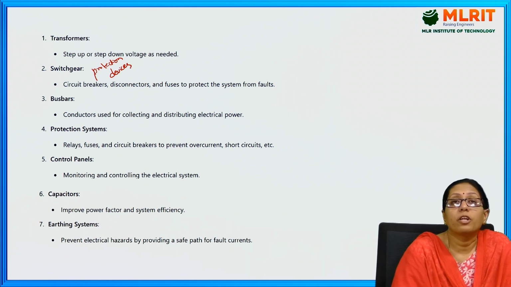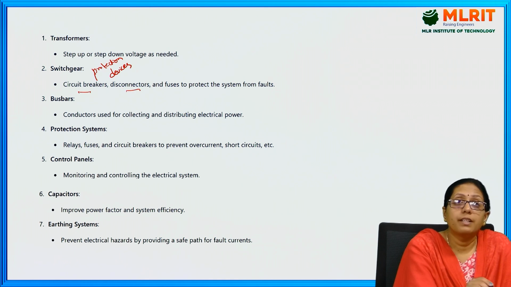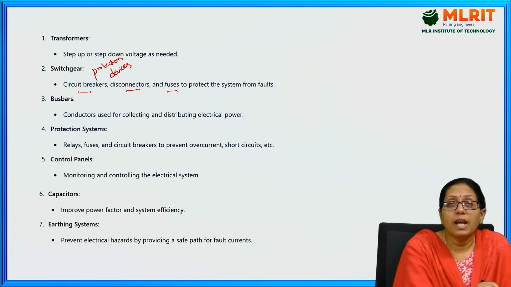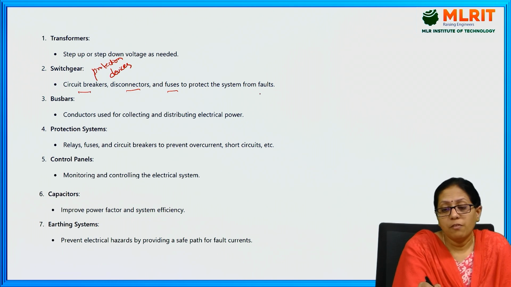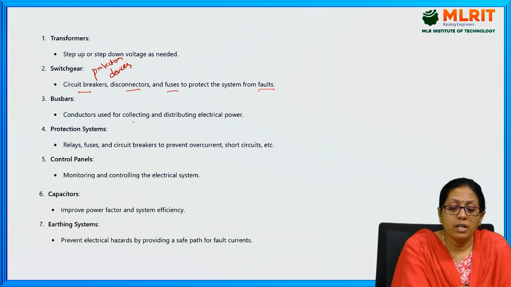Different protection devices like circuit breakers, disconnectors, fuses, etc., which can protect the device from different types of faults. The third one is bus bars, conductors used for collecting and distributing power supply.